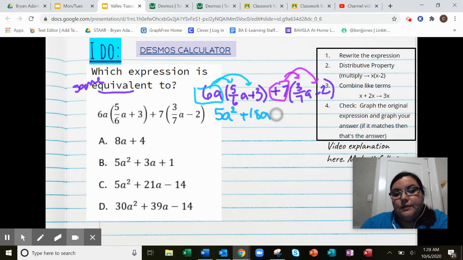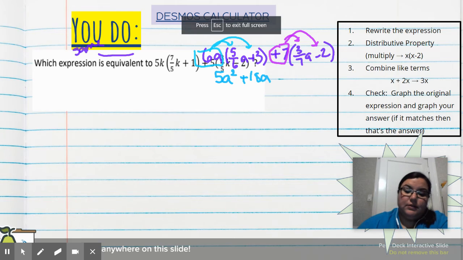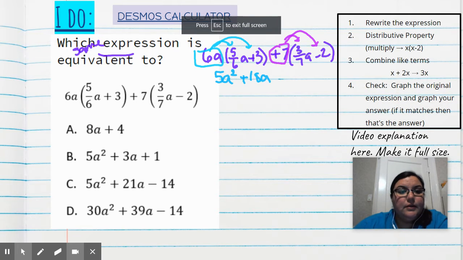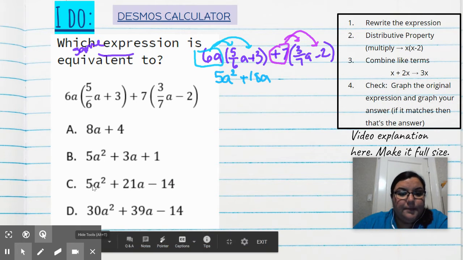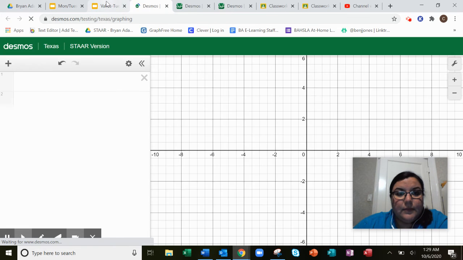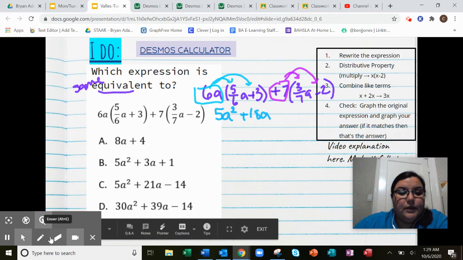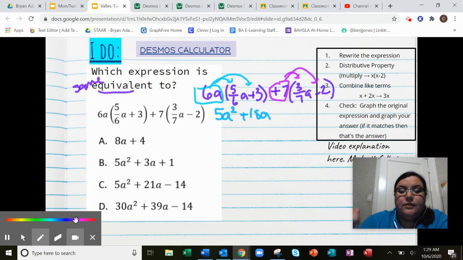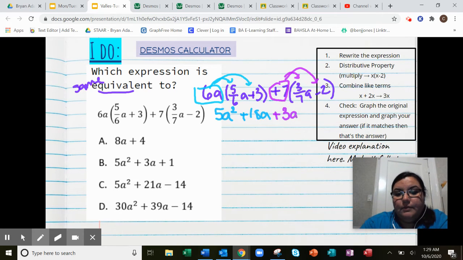So it's a positive, so it's plus 3a, because this portion here has an a, and then 7 times negative 2, it's negative 14.